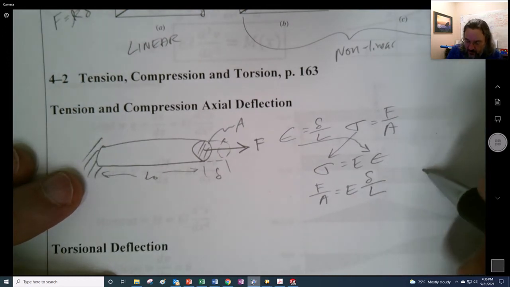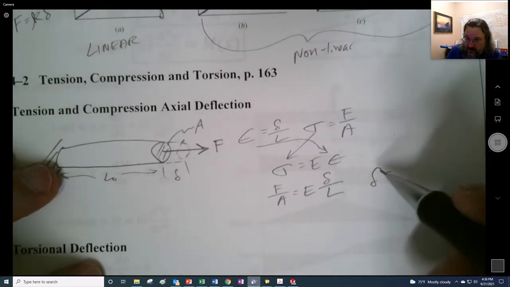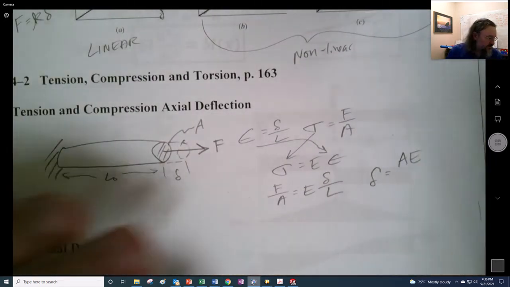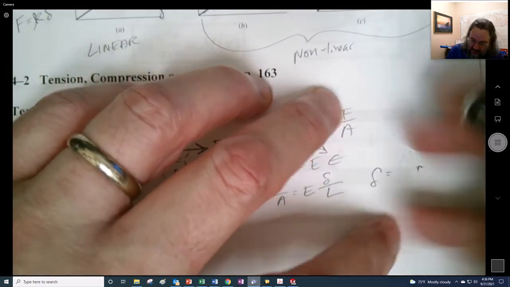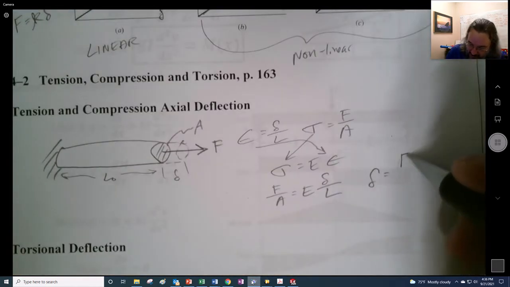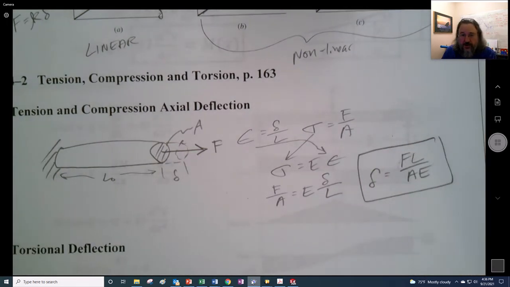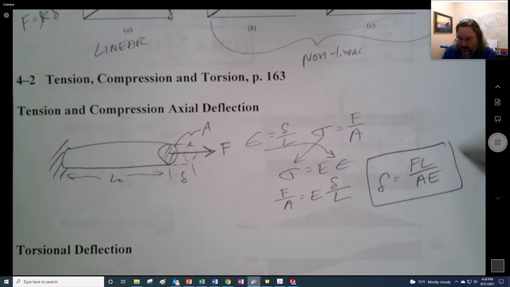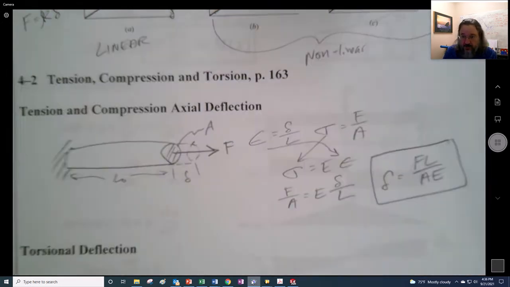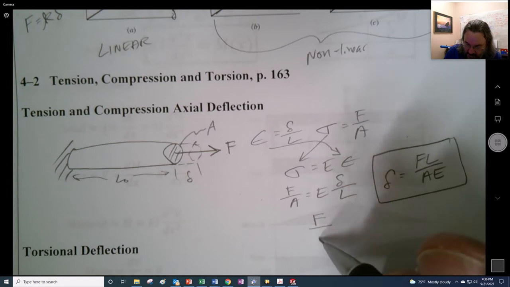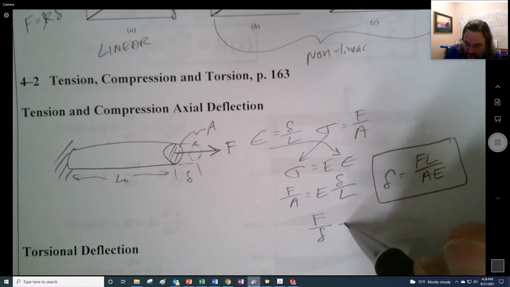So we could solve for del. This is the deflection that we care about, and it's going to be AE, no, excuse me, I got it backwards. Sorry. FL over AE. So there's our simplest scenario for deflection. And if we want to compare it to a spring, we could just remember that a spring rate can be defined as F over del.